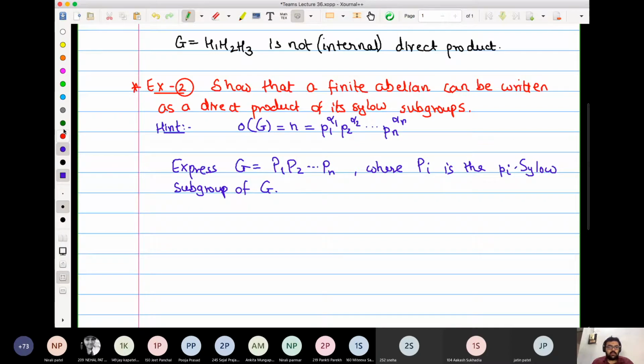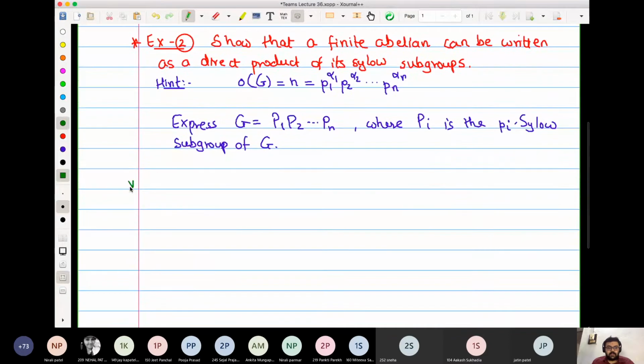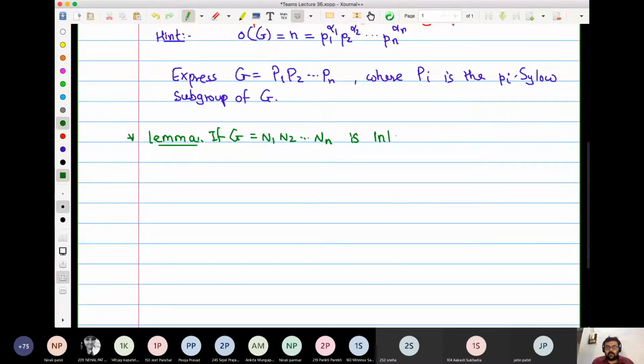Yes, but for this, one exercise is needed. So why is this not an internal direct product? We had seen one lemma also. This result. This was the lemma which we had seen last time. That if G equals N1, N2, ..., Nn is an internal direct product, then what is the relation between all these normal subgroups?